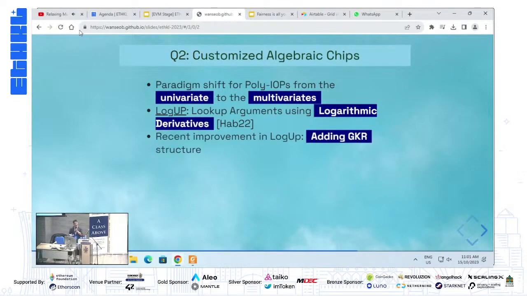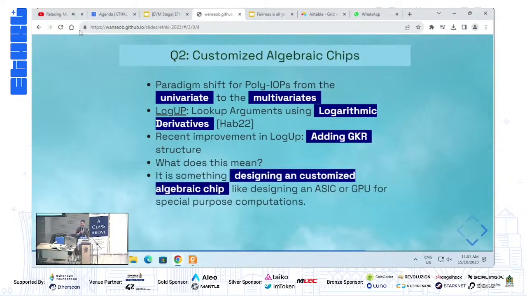And there was another improvement, adding GKR into the lookup. What adding GKR into the lookup means is something like, okay, maybe we can design some customized algebraic chip, just like we have GPUs or ASICs for special-purpose computations. I will show what this means in a little more detail.